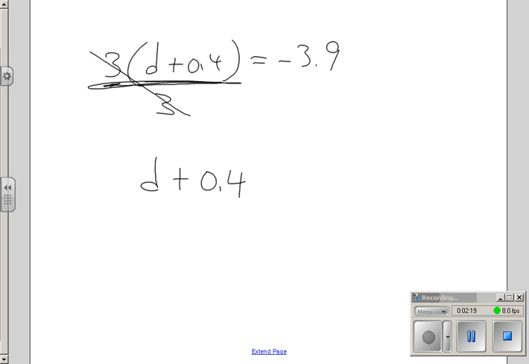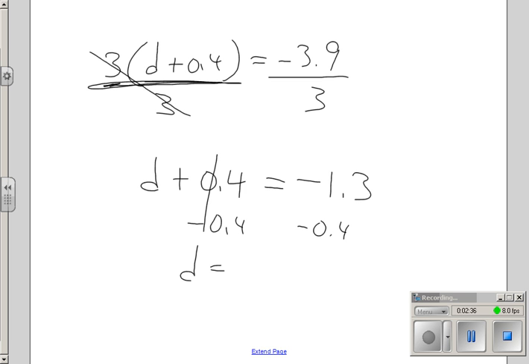But because I divided this side by 3, I have to divide this side by 3. I get negative 1.3. And now I have a much simpler equation that's a third the size it was. I simply subtract 0.4 from both sides. I end up with d equals, aha, look at that, the same answer I had before, but in a different way.